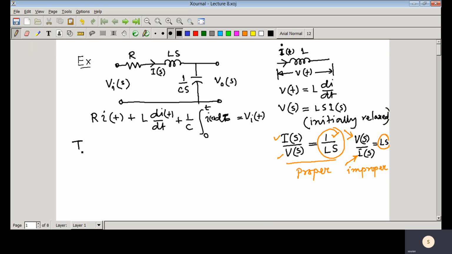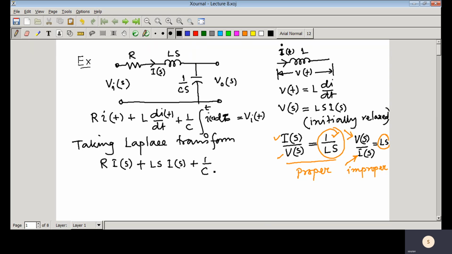Taking the Laplace transform, you get R I(s) plus Ls I(s) plus 1 by Cs I(s) equals Vi(s).